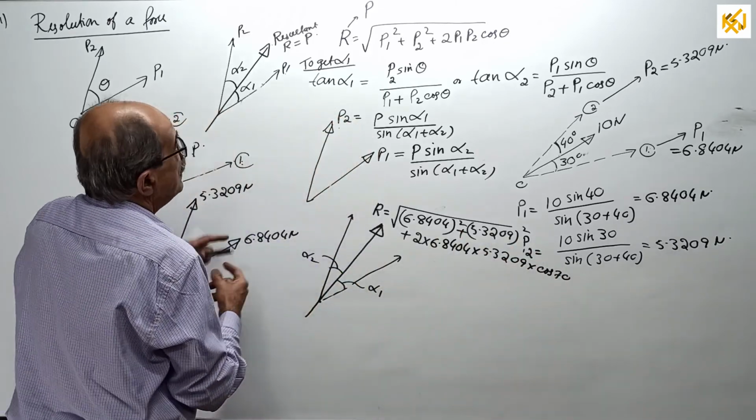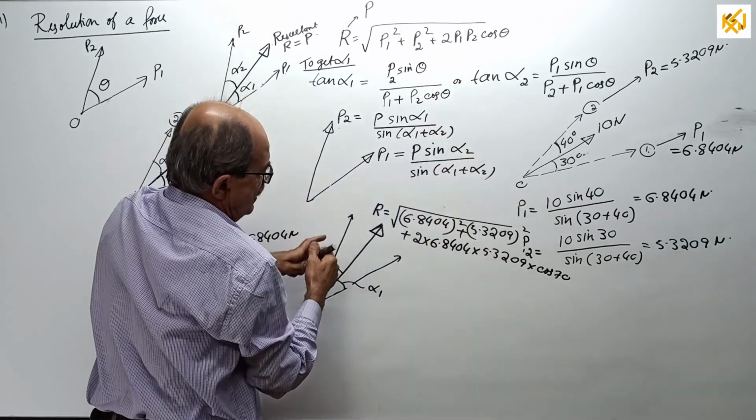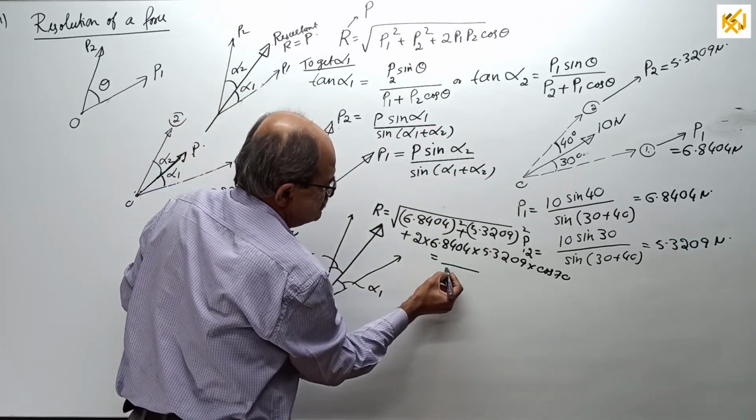I wrote it here because there is no space there. See, I told P1 squared plus P2 squared plus 2 P1 P2 cos theta, substitute there. Now, the answer is required in Newton.